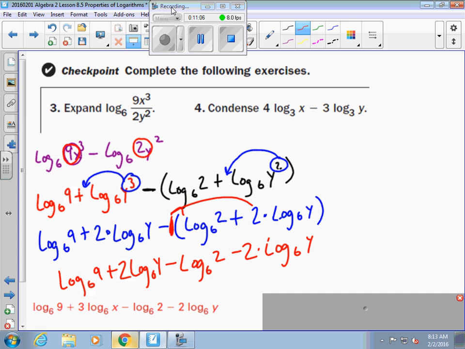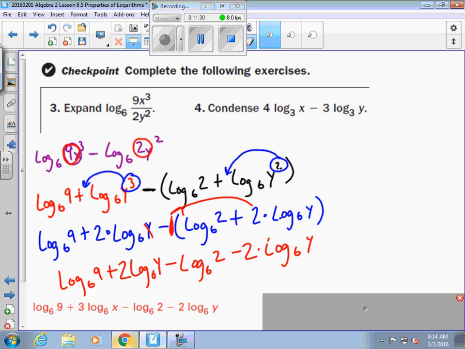Okay, so look at the one thing that's missing right here. Why do we have log base 6 of 9 plus 3 times the log base 6 of x? I wrote it down as an x, but same thing. Minus log base 6 of 2 minus... Okay, I caught the error.